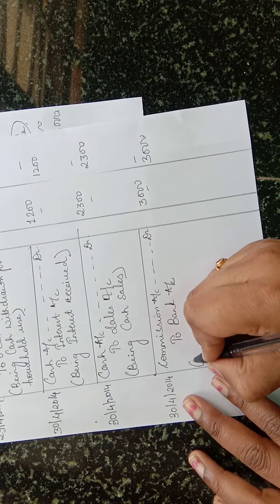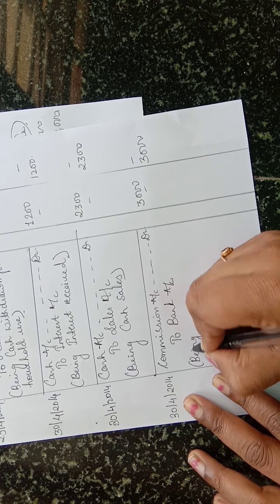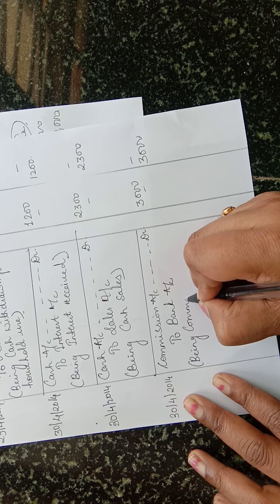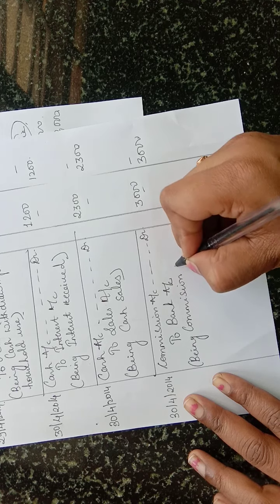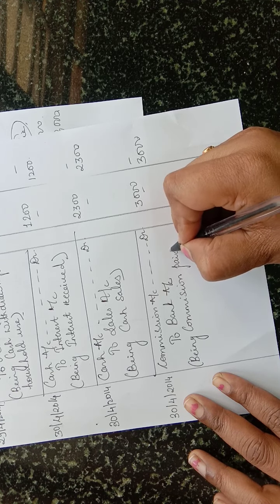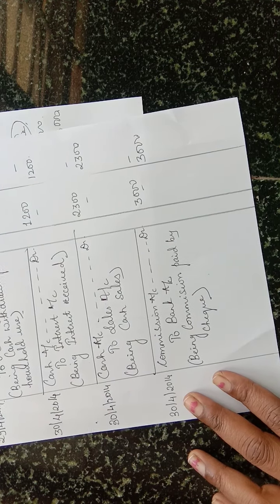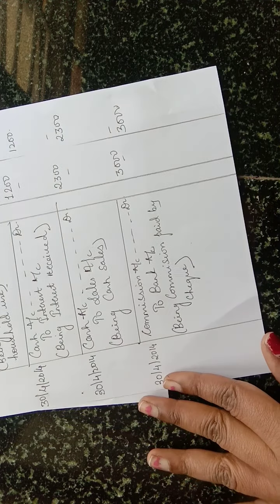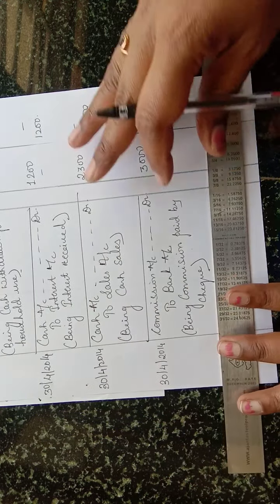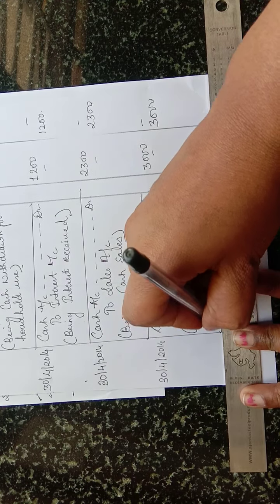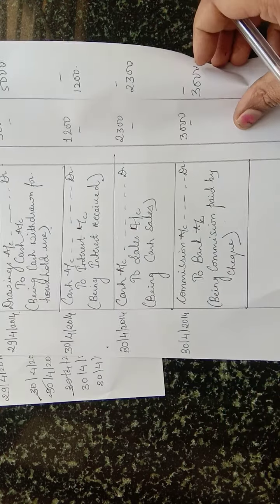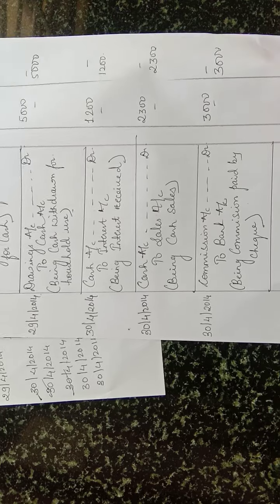So write the narration being commission paid by check. Okay, so here we complete this journal entry. Yes, so this is a practice problem.